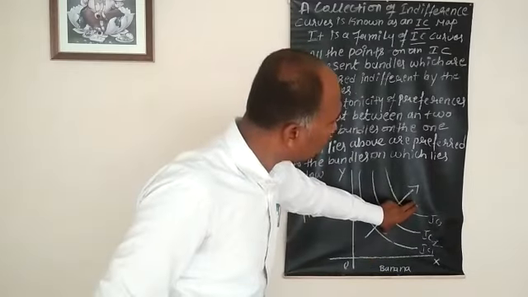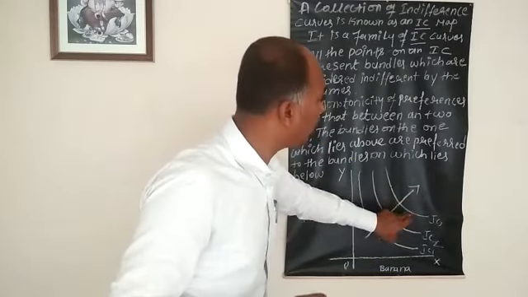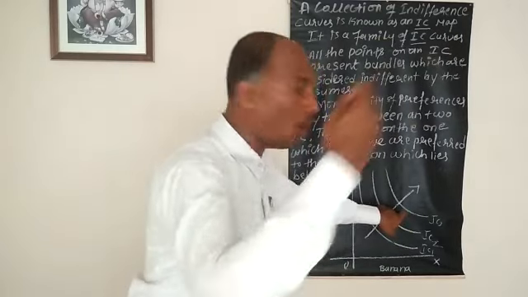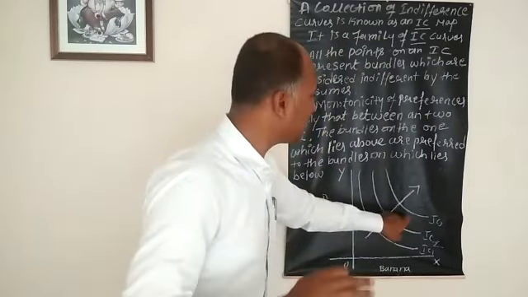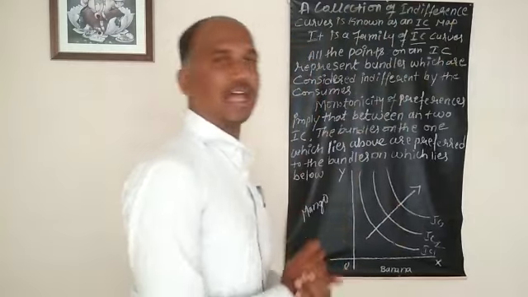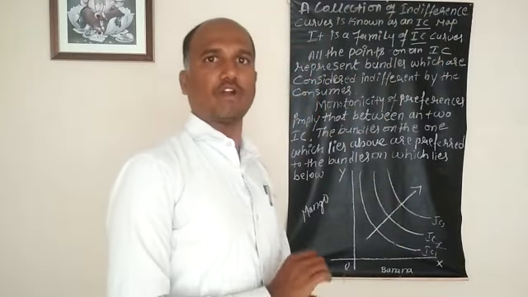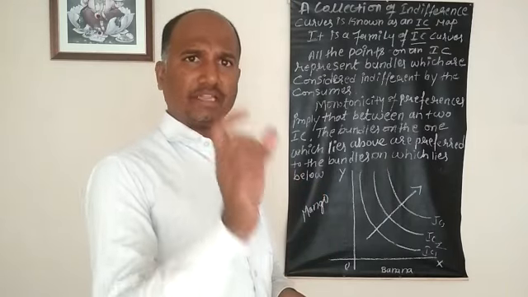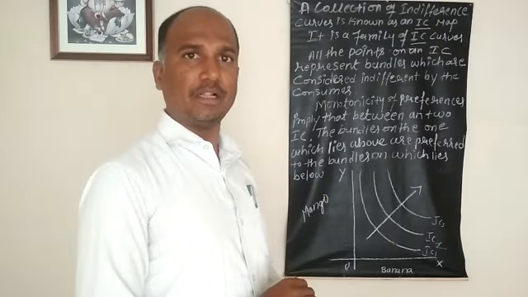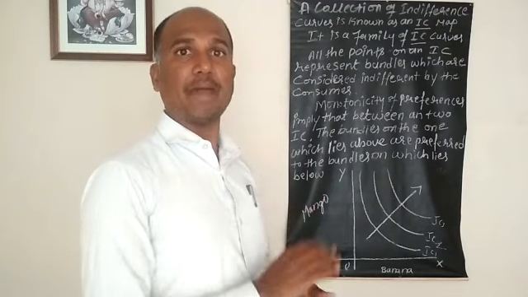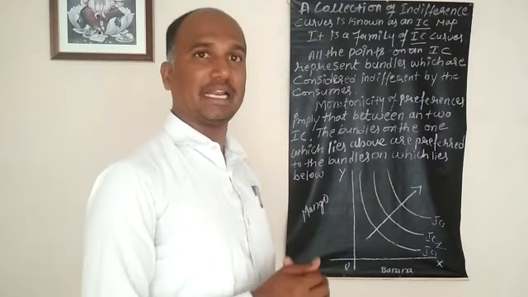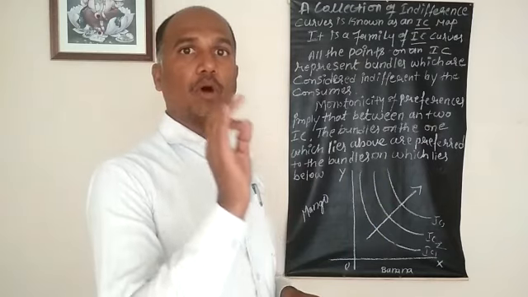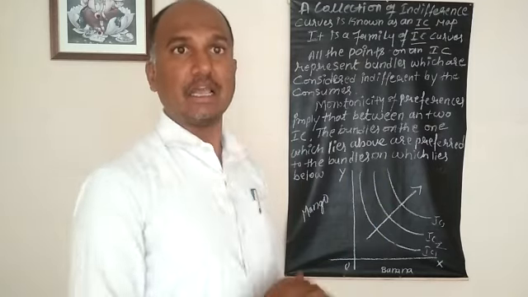Suppose IC2 and IC3, the consumer prefers IC3 to IC2 because IC3 lies above IC2 and gives more satisfaction. That is the meaning of indifference curve with a simple example, and the meaning of indifference map along with a diagrammatic explanation. And one more point you want to keep in mind: monotonic preferences.